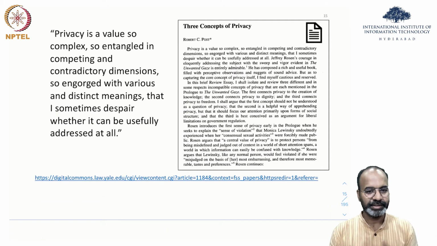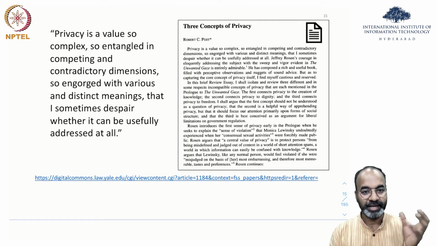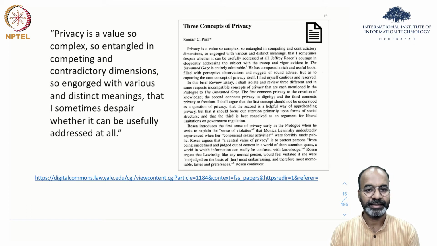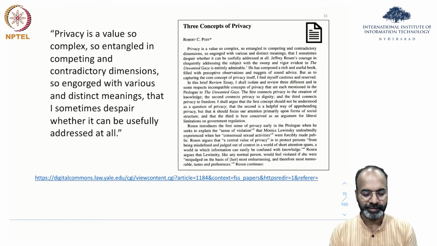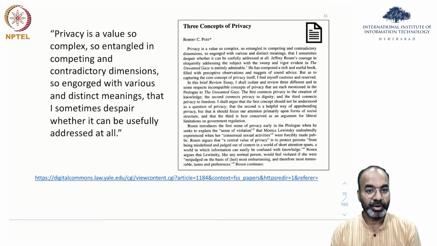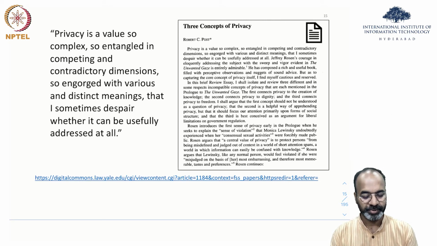Then some theoretical concepts of privacy itself, where we looked at the definition of privacy and how the privacy topic has evolved over a period of time. Privacy is a value so complex, so entangled in competing and contradictory dimensions, so engorged with various and distinct meanings that I sometimes despair whether it can be usefully addressed at all.